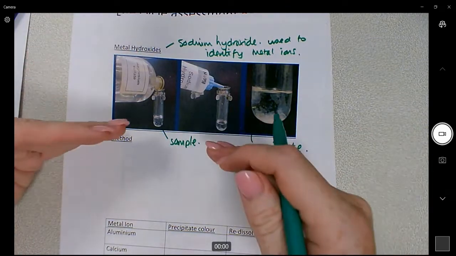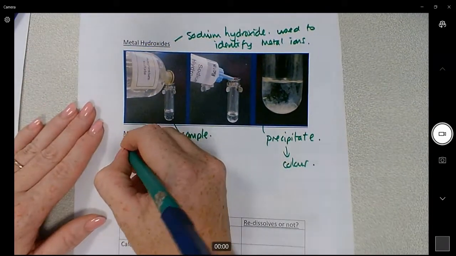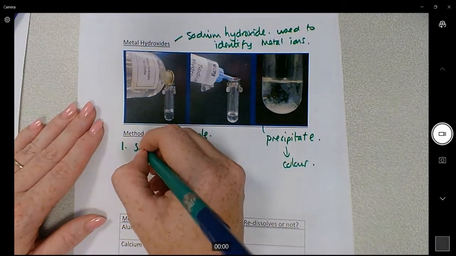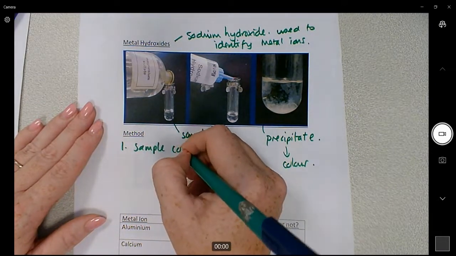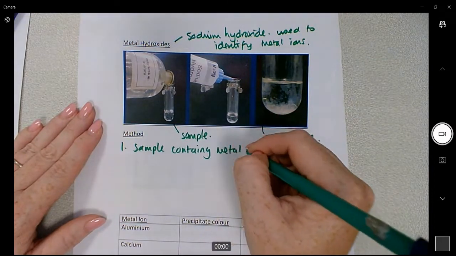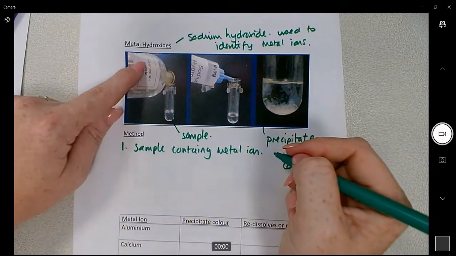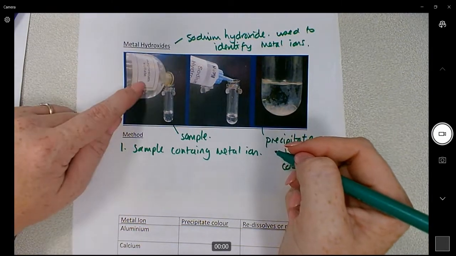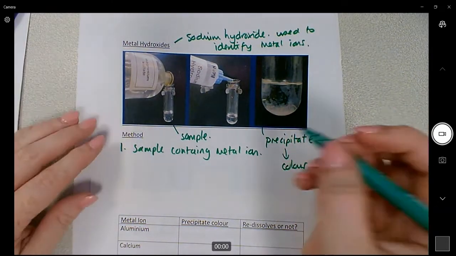And you need to be aware of which metal ions form which specific colour. Okay, so we're going to basically go through the method here. So method number one is your sample containing a metal ion. So in this case, as you can see, magnesium sulfate, it could be aluminium sulfate, could be whatever it needs to be.